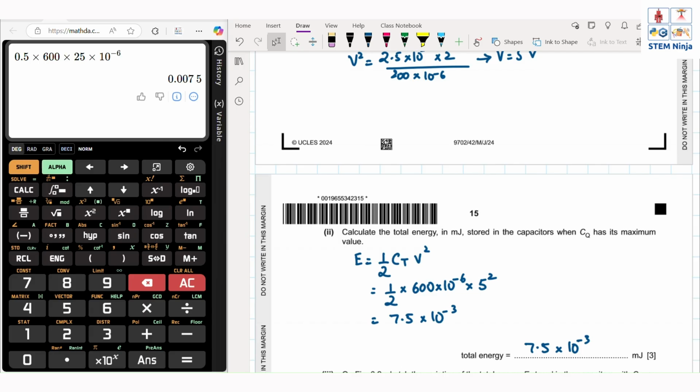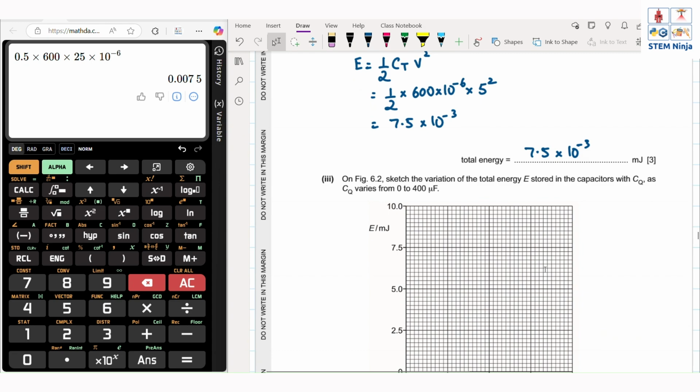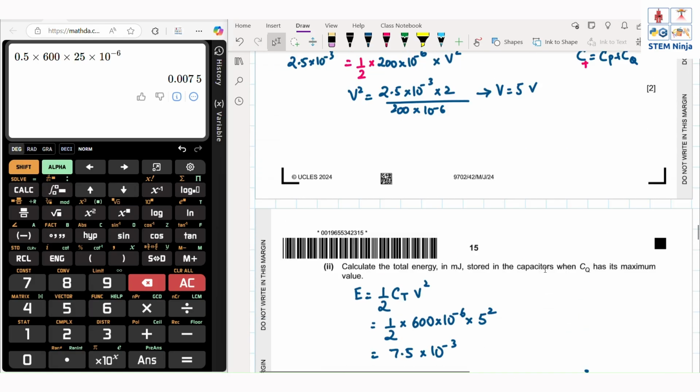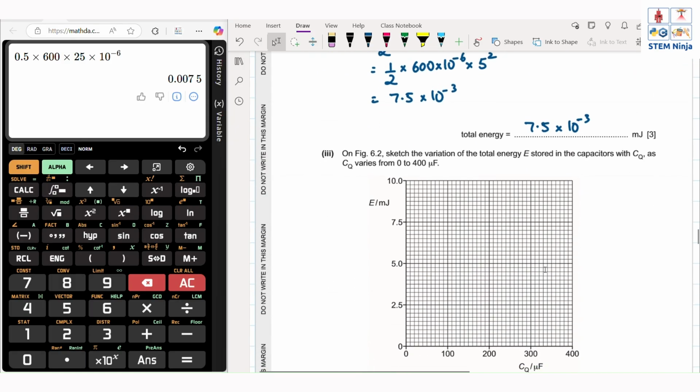So on figure 6.2, sketch the variation of the total energy E stored in the capacitors with CQ as CQ varies from 0 to 400 microfarad. So it starts off with 2.5 millijoules. Oh, sorry, this is going to be 7.5 millijoules.